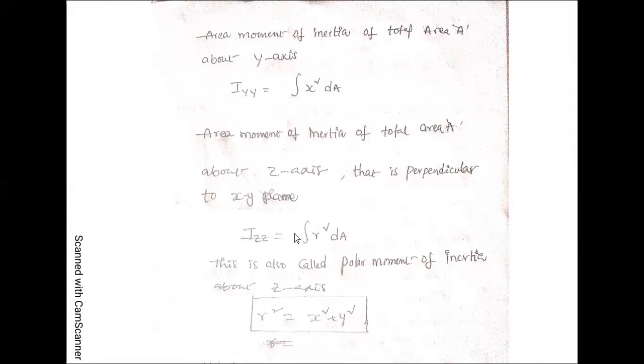But this z-axis is perpendicular to the object or xy plane, so that's why this is called polar moment of inertia. If a reference axis is perpendicular to the plane in which the object is contained, that is called polar moment of inertia.